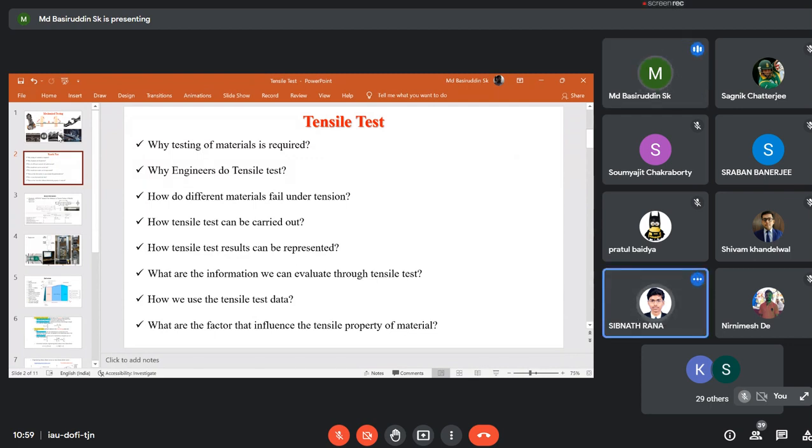Okay. My question is, suppose in one case you make a dog bone shape sample, and in another case you make a flat shape sample, from the same material. So in these two cases, can you get the same result, because you are fabricating the specimen from the same sort of plates?